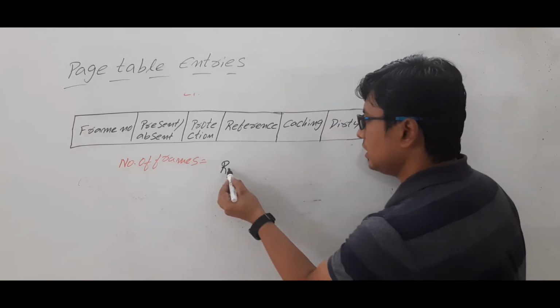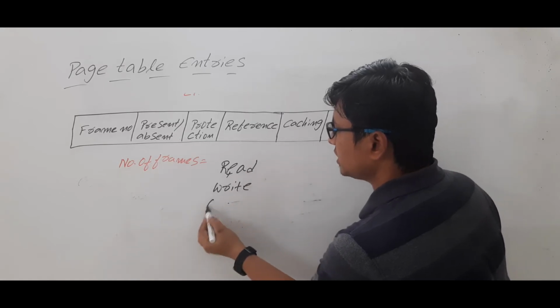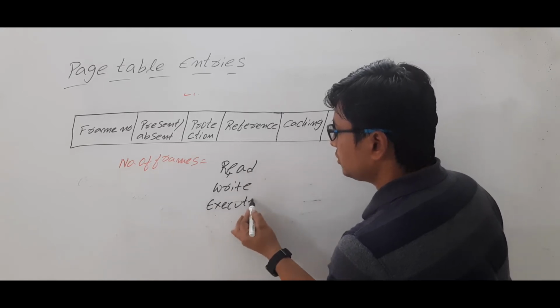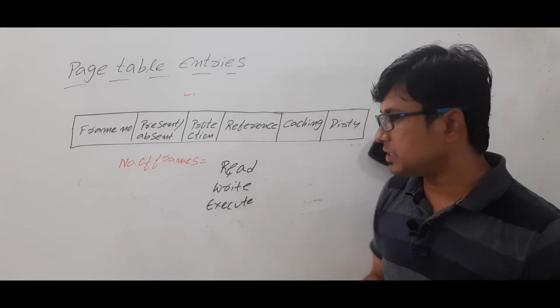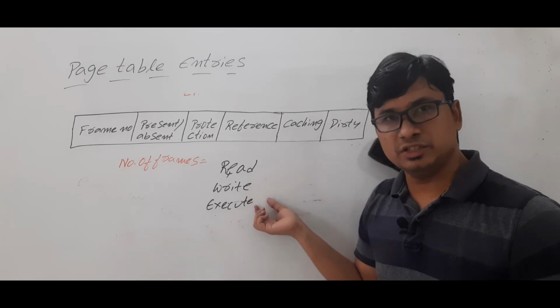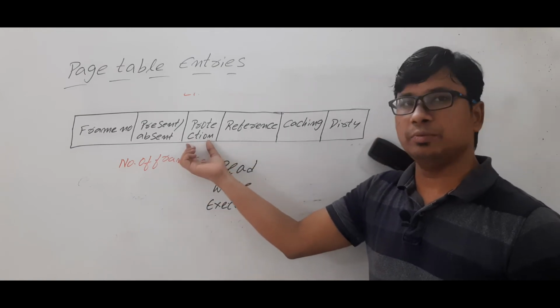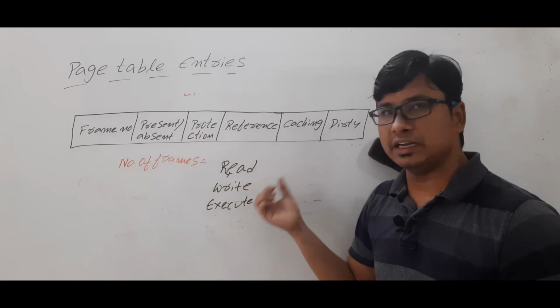One is read, another one is write, and another one is execute. If you want to give the permissions, then you can give. Suppose the user provided only read permission, then we cannot modify the information and we cannot execute it. So this is the meaning of the protection bit. Each page will have read, write and execute.